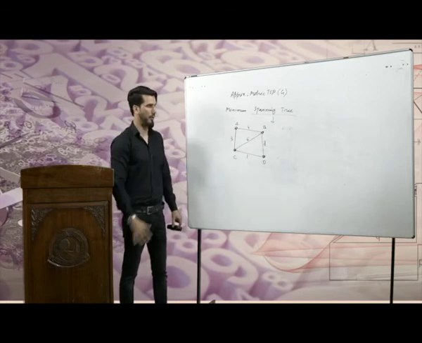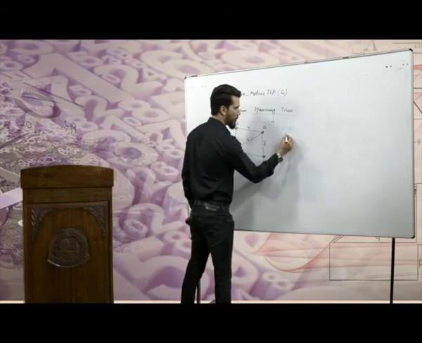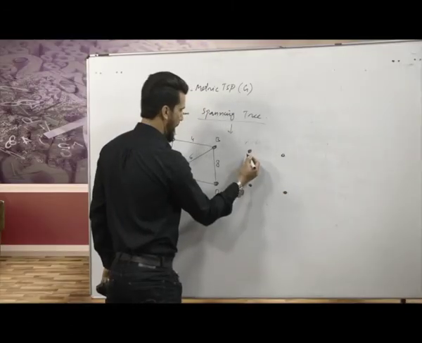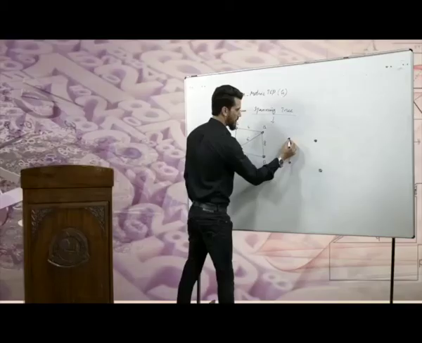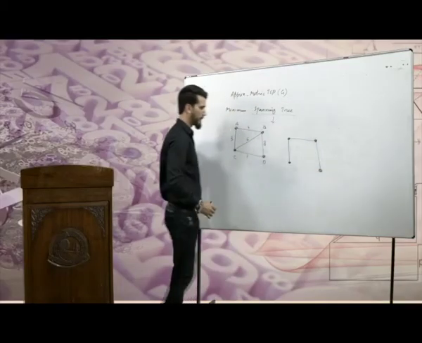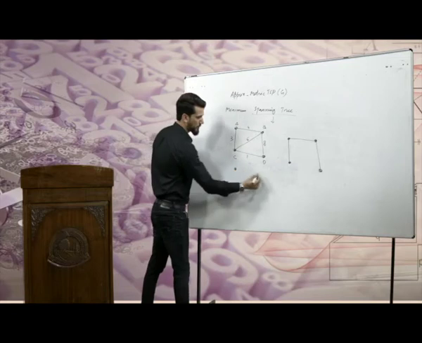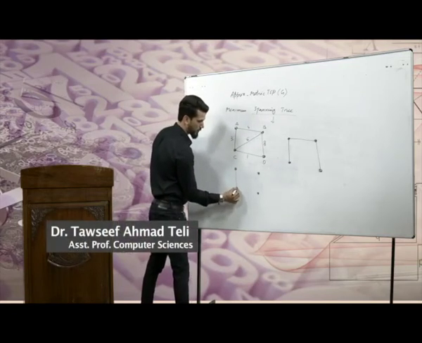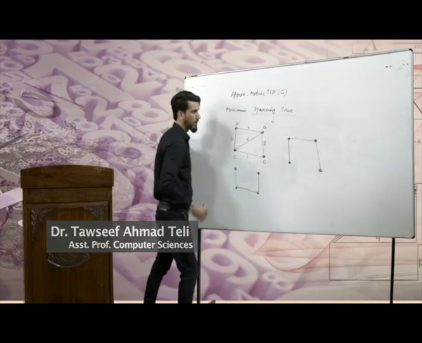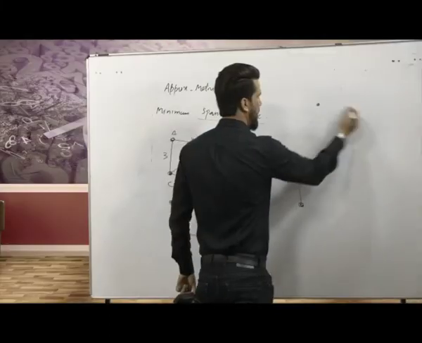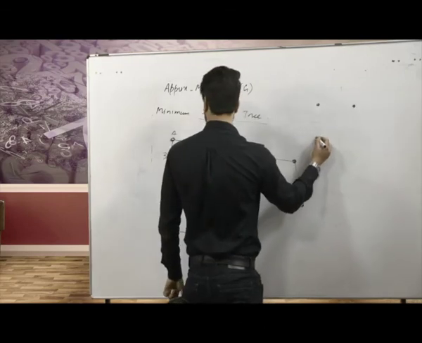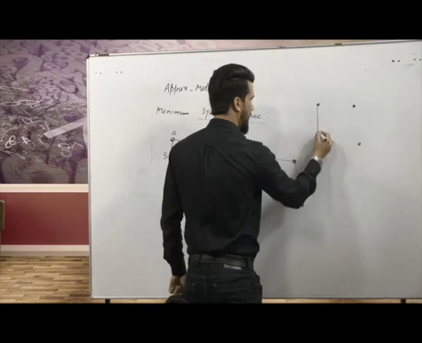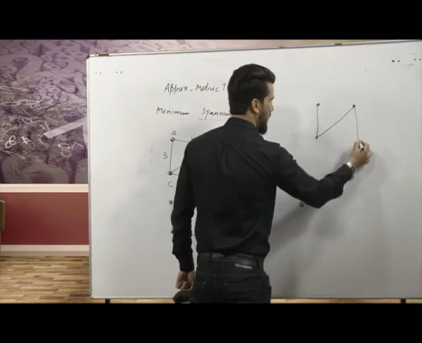Let's draw all of them one by one. One of the possibilities is this. This is one more possibility. Let me draw all the possibilities. This is one more.